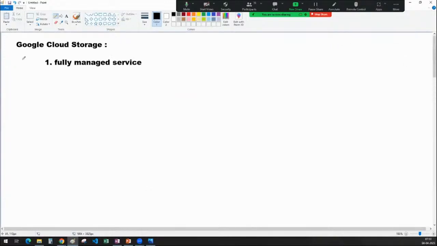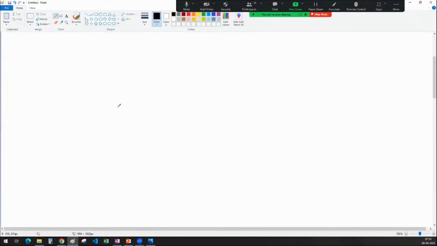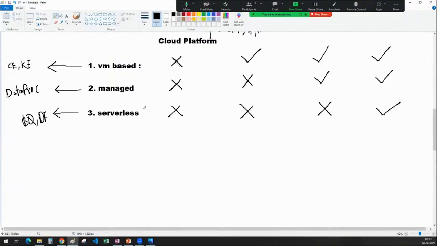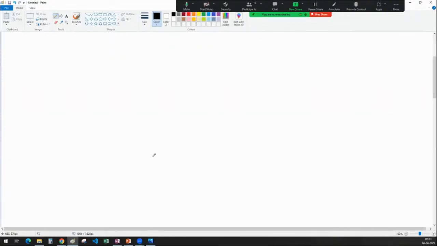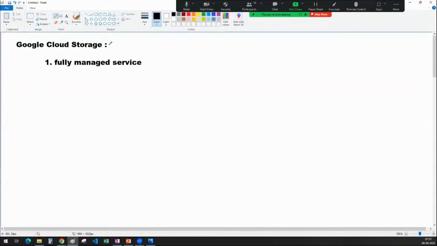Now, if I go to Google Cloud Storage, it is managed or fully managed. Fully managed is also called serverless, sir, sometimes. Google Cloud Storage is a fully managed service.